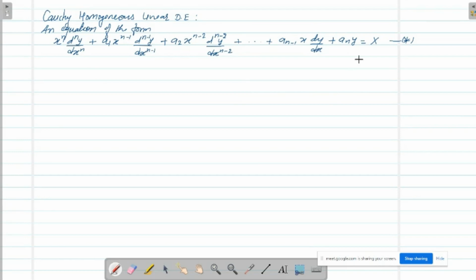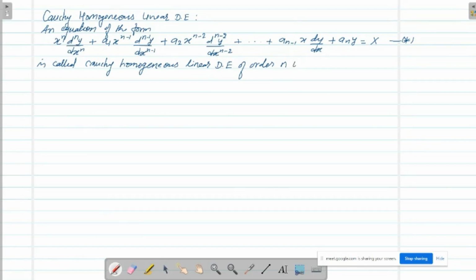So this equation number star is called the Cauchy homogeneous linear differential equation of order n, or simply you can say that this is the Cauchy equation.